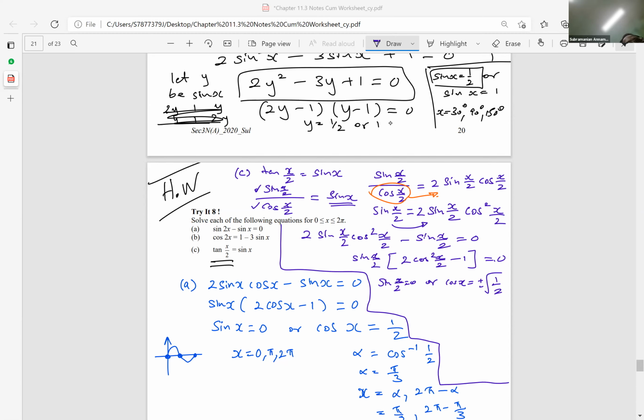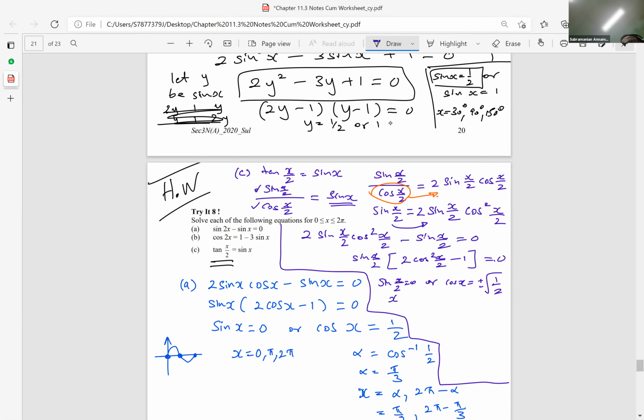So, sorry, when is it 0? So at 0 at 3 portions. Okay, but this is only half. So your range is limited to only pi.